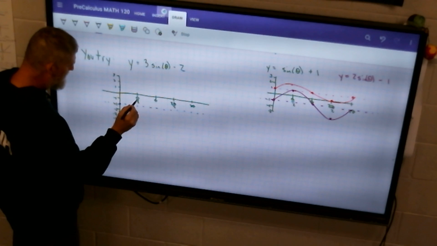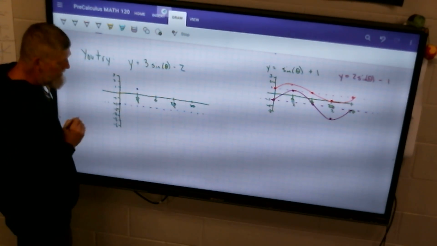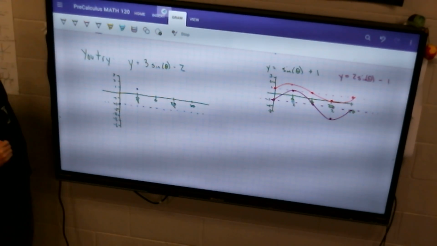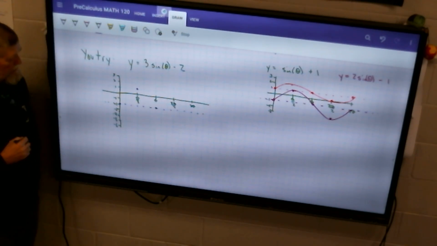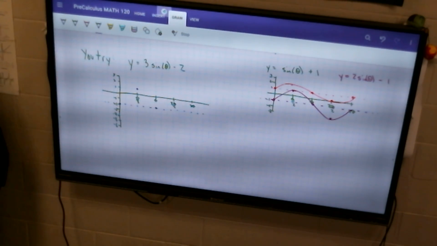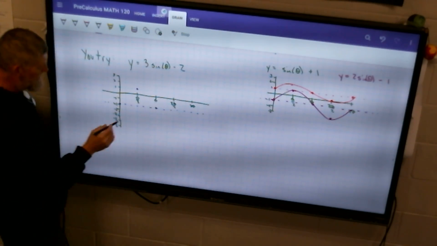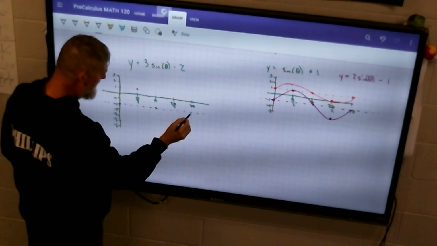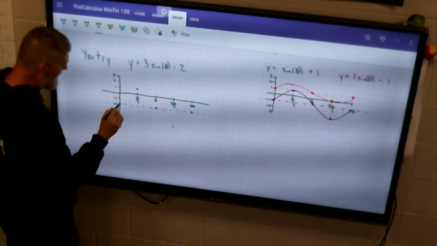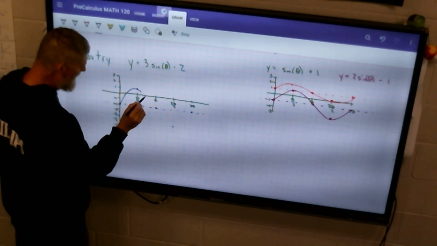At pi over 2, I'm going to go up 1, 2, 3. Then I'm going to come back to 0. At 3 pi over 2, where am I going to go down to? -5. Then I'm going to go 1, 2, 3. And then back to 0. And there's my cool looking graph.